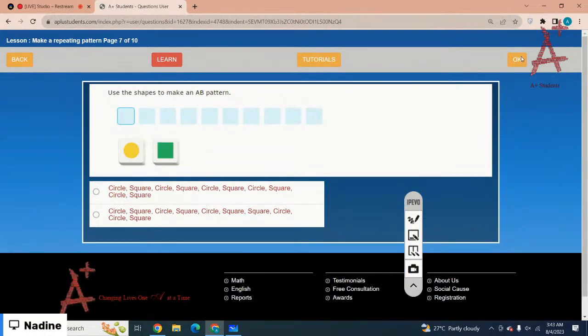Okay, use the shapes to make an AB pattern. So which option is the correct one? Option number one is the correct option.